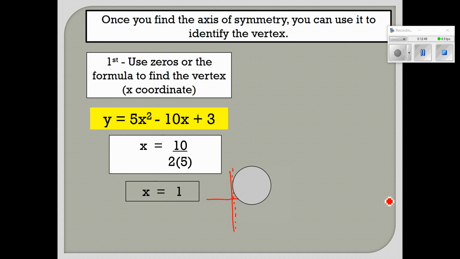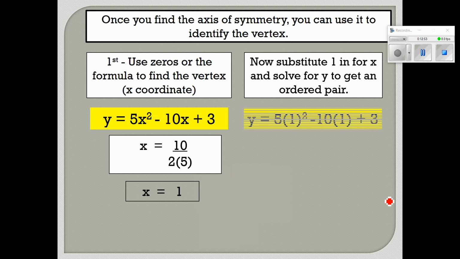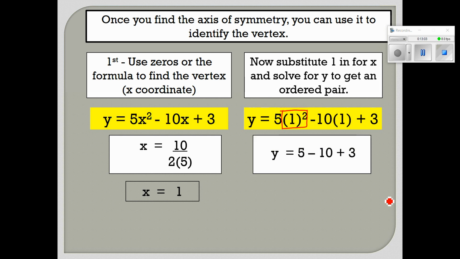Now, where is the vertex going to be? We're going to plug 1 back into our equation. And when we do that, we always evaluate our exponents first. 1 squared is 1, of course, so 5 times 1 is 5, minus 10 plus 3. And when you solve that, you get a -2. Y is equal to -2. So now we know the x and the y.